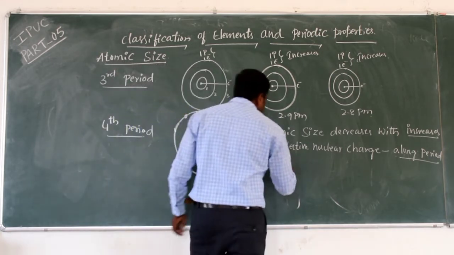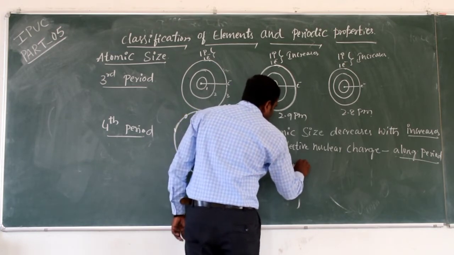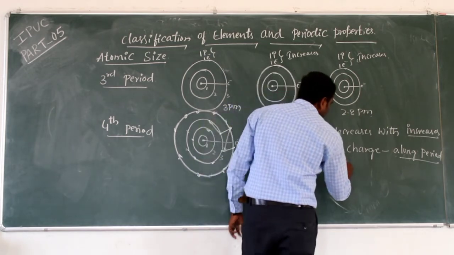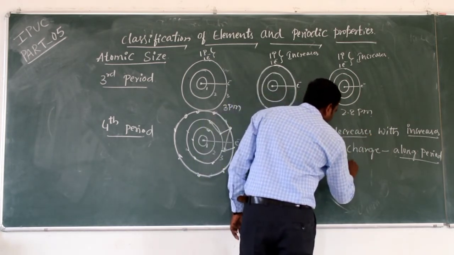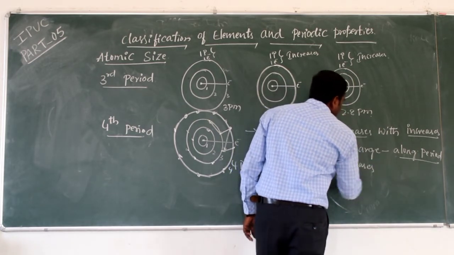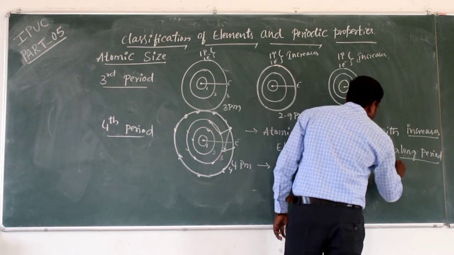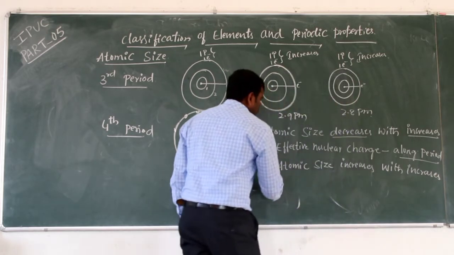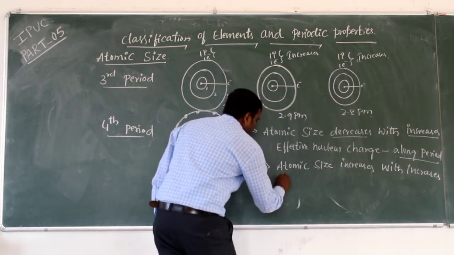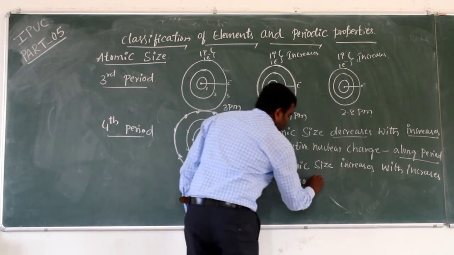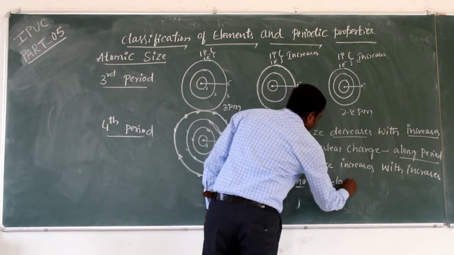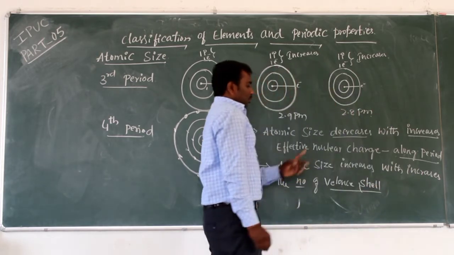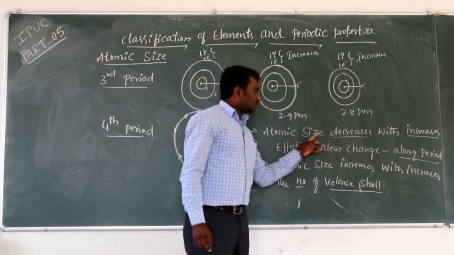The atomic size increases with increasing number of valence shells. It's very big.